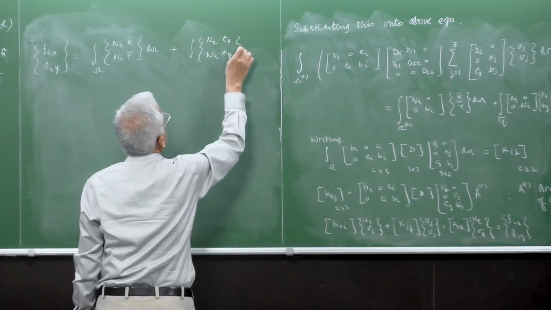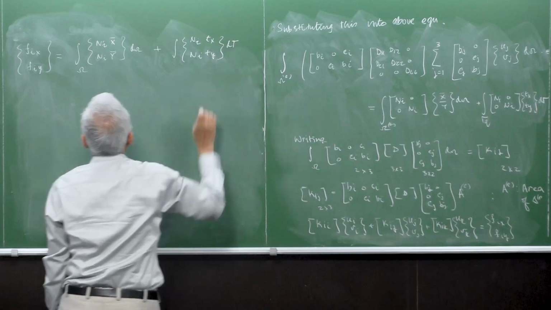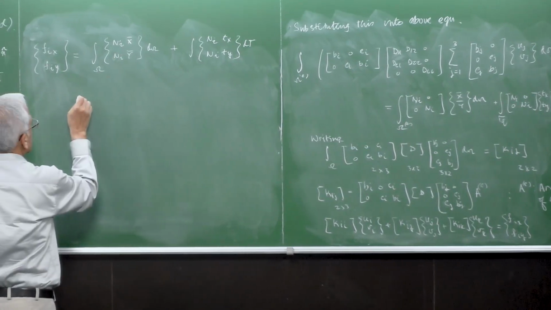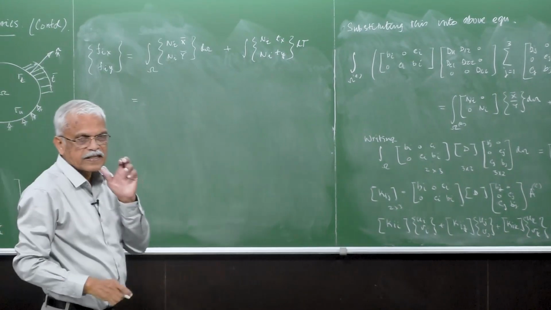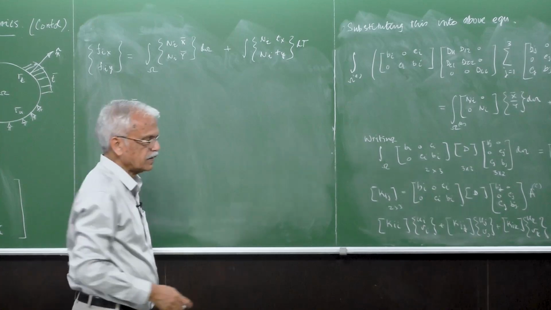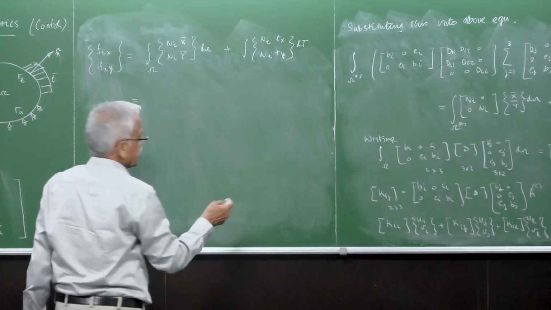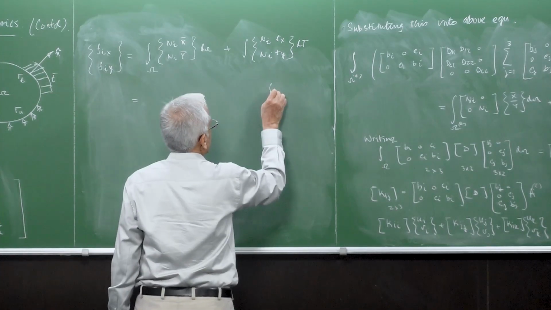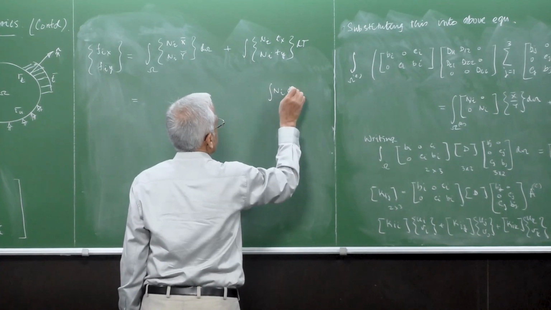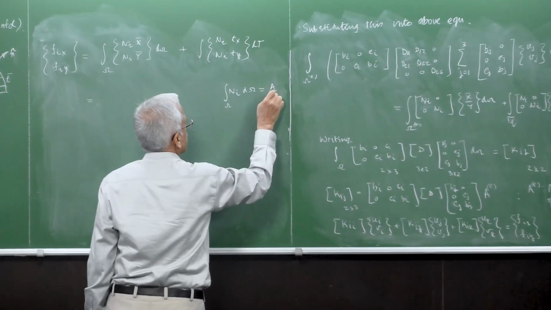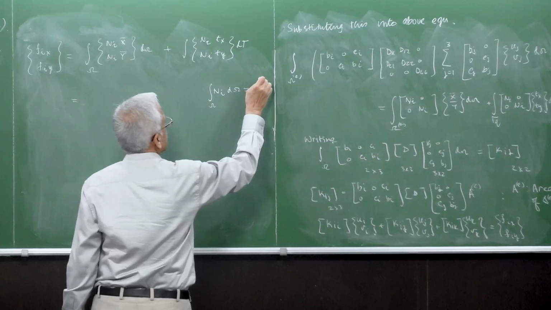So this is now integration of Ni over the element triangle. It is nothing but the area divided by 3, just like we did in the case of the heat conduction problem.